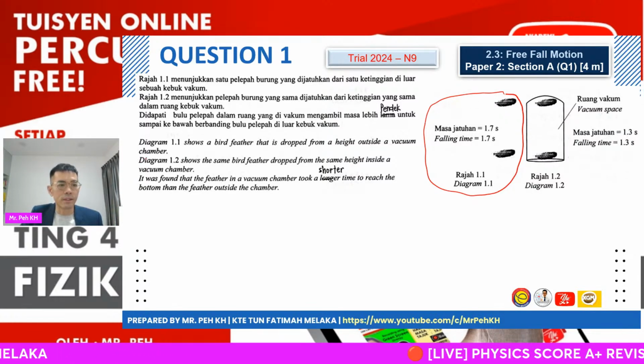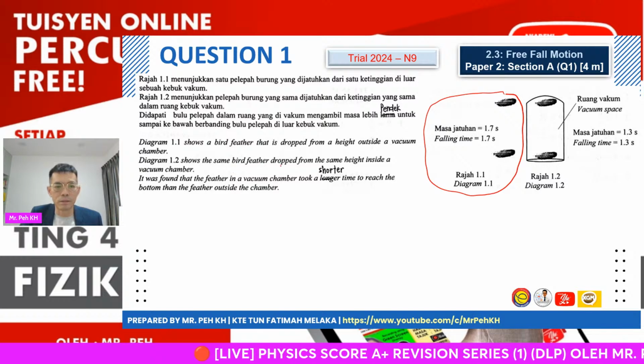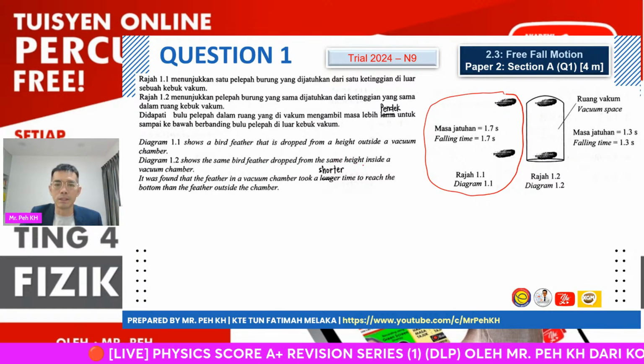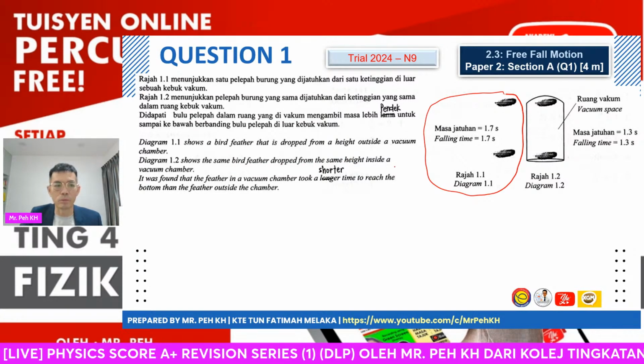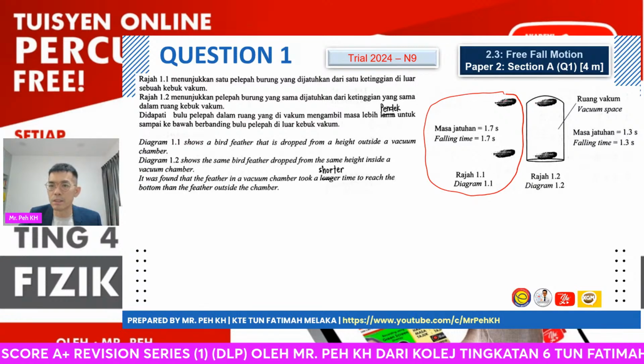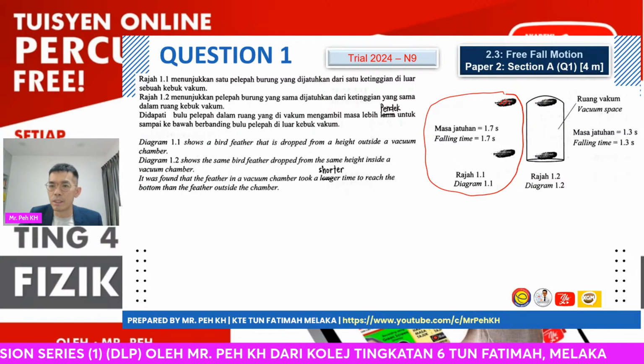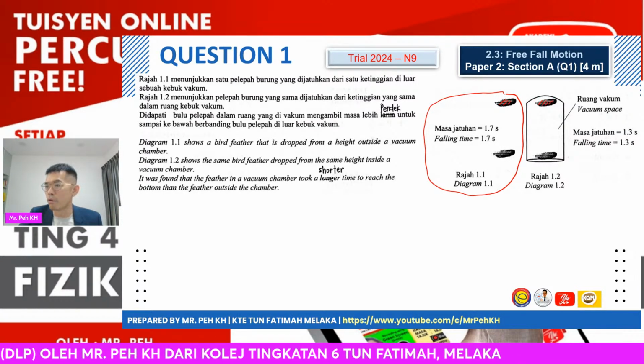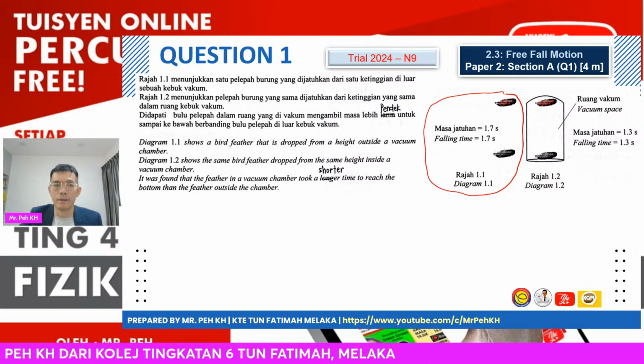Then diagram 1.2 shows the same bird feather dropped from the same height inside a vacuum chamber. So mainly the surface area for both bird feathers is the same.